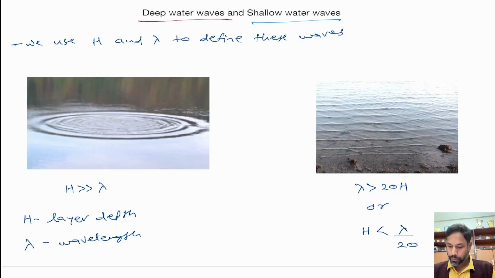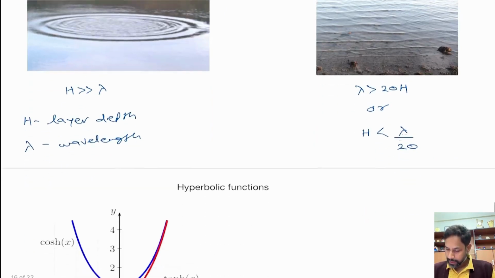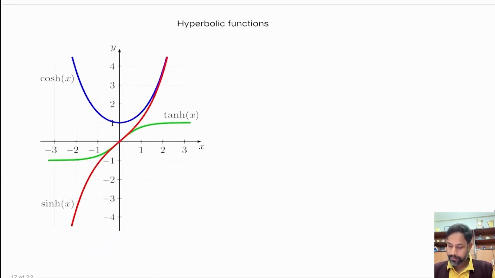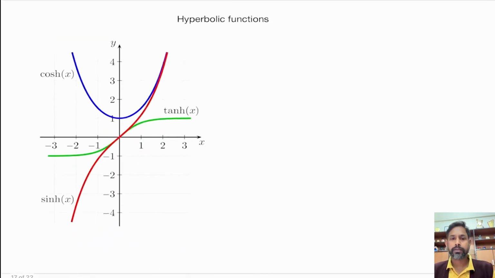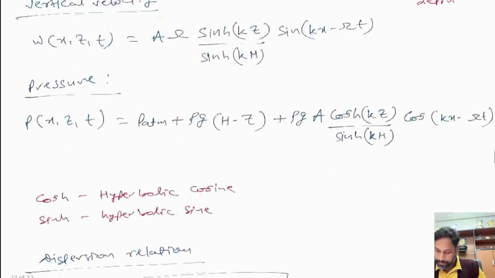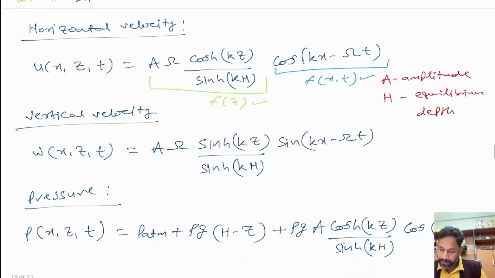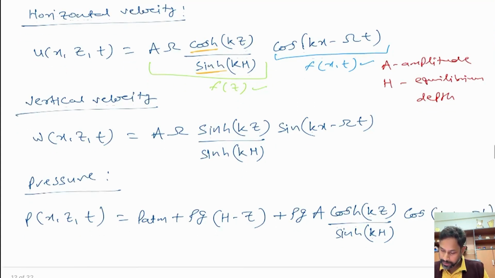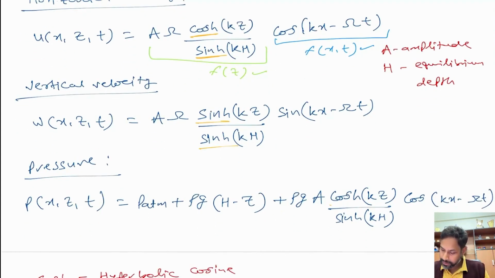Okay, so now to be able to analyze these two types of waves better, we first understand these hyperbolic functions, right, which are there in these equations. We have hyperbolic cos, hyperbolic sine, and then again sinh here, cosh, sinh, etc. Right?